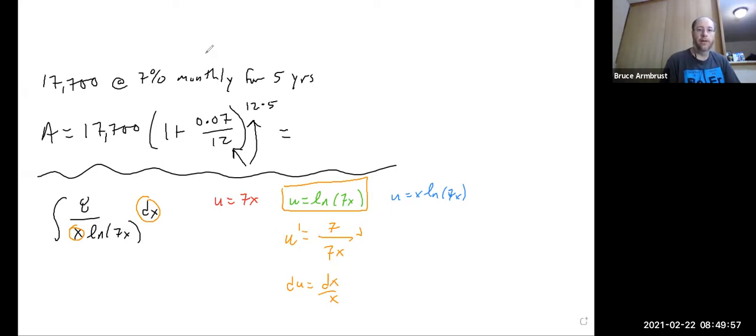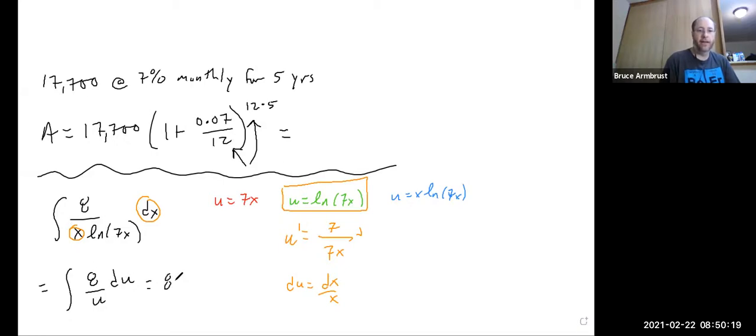So when I do this substitution, I'm going to have over here the integral of 8 over u du. Right? The natural log of 7x, that was my u. The dx over x became my du, and the 8 is just there.